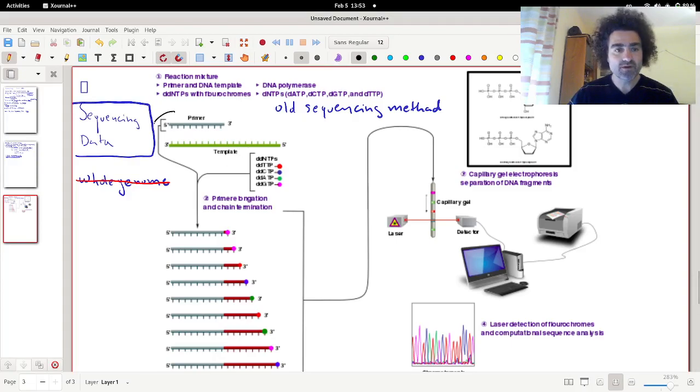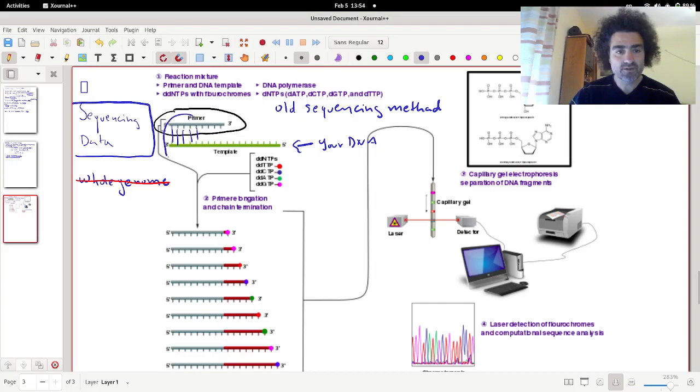You use a primer, which is here. The primer hybridizes to a specific region on the DNA. So your DNA is this one, the DNA that you want to sequence. You have designed the primer so that it will be complementary and able to hybridize here.